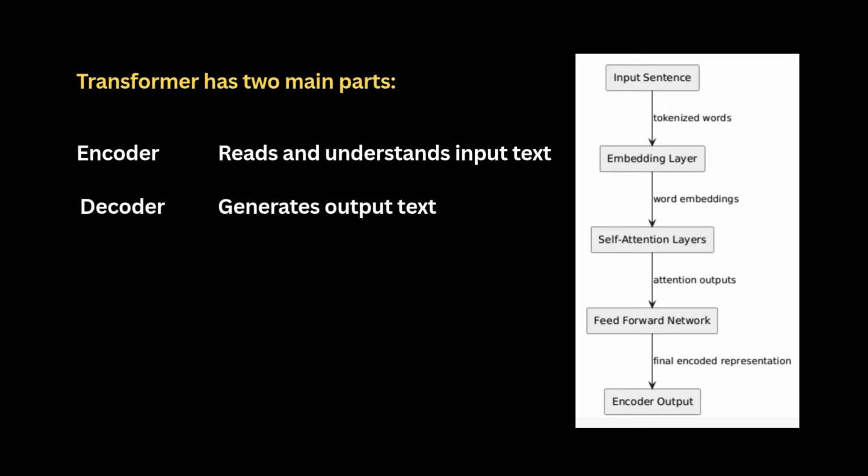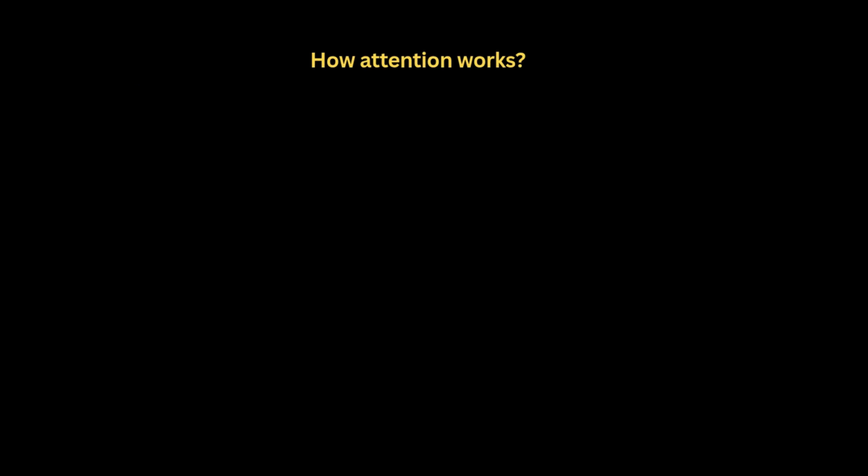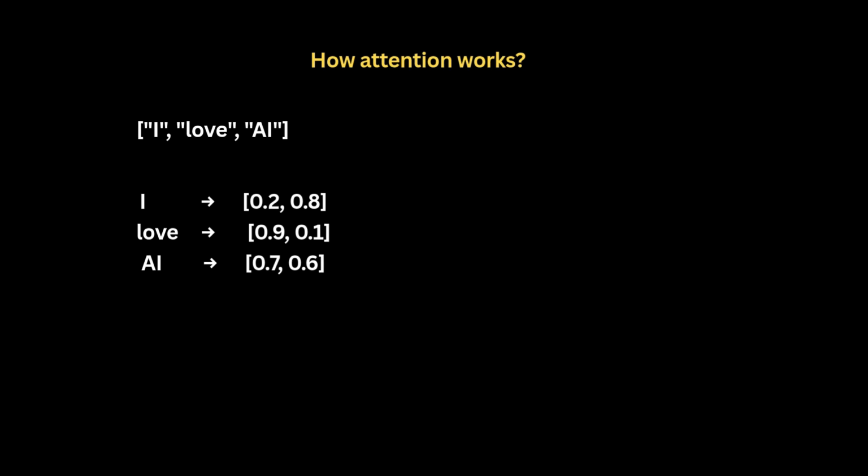Now let's understand how attention actually works internally with a simple example. I've provided a sentence, "I love AI". It will be split into individual words, "I", "love", "AI", and then the model will convert them into vectors. Then it will calculate the query, key, and value.